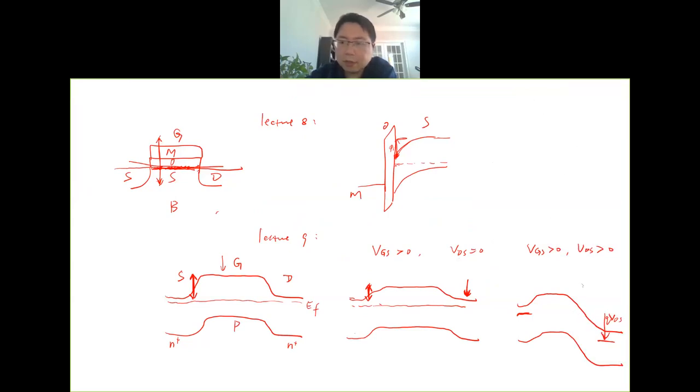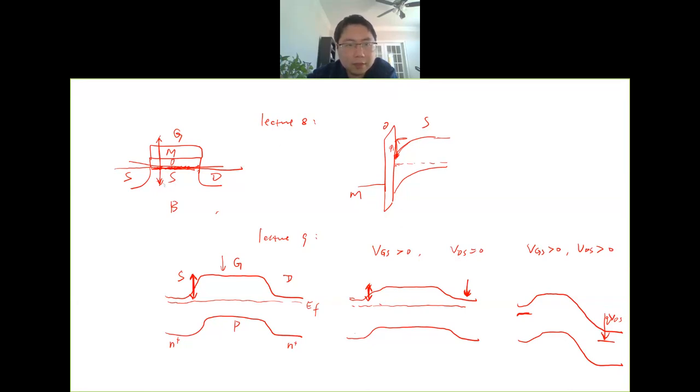So if you look at the MOSFET structure like this, vertically we have the MOS structure, and this is from the gate to the channel or to the body substrate. And we have looked at this band diagram in lecture 8 already.